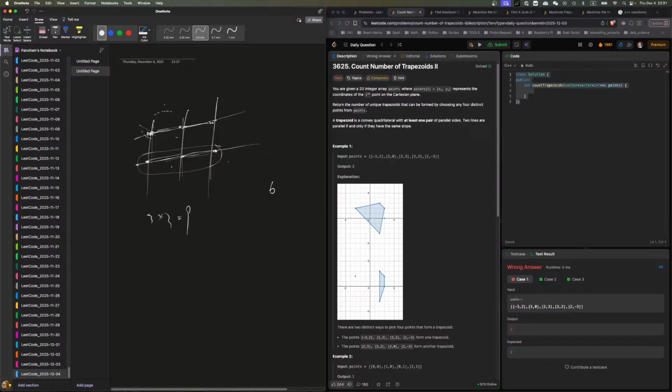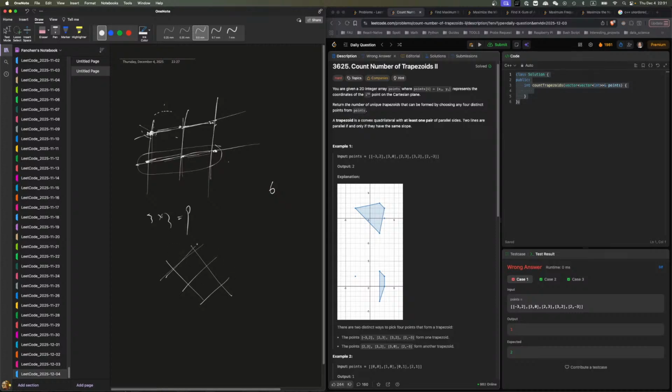And we know that it's good because these points exist on one and they exist on the other, which means if I know the number of lines and I know the number of lines, these all form.